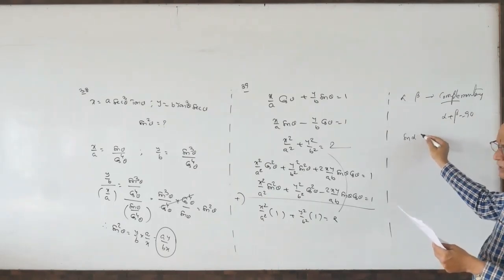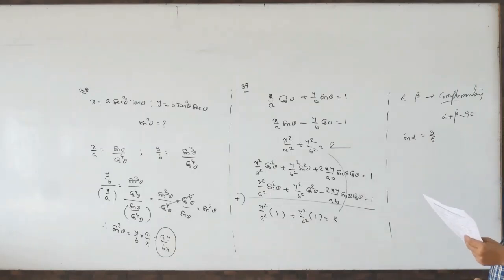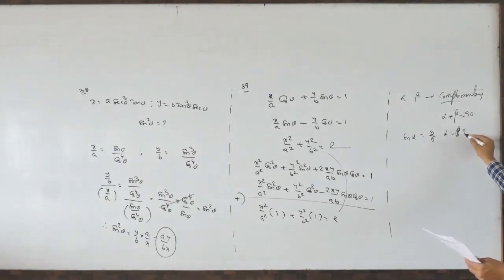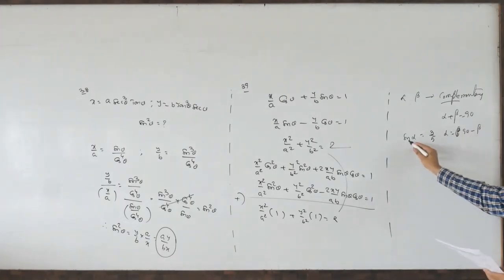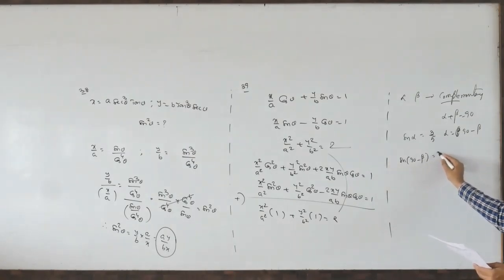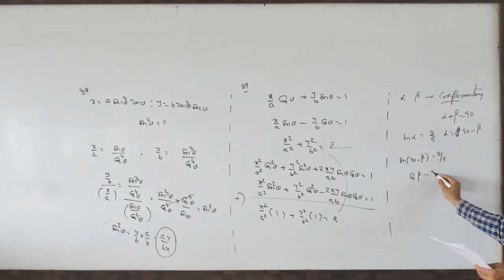Given that sin alpha is 3 by 5. Then what is the beta value from this, or alpha value? Alpha is 90 minus beta, no? So it shows cos beta is also the same only. Sin alpha equals cos beta.